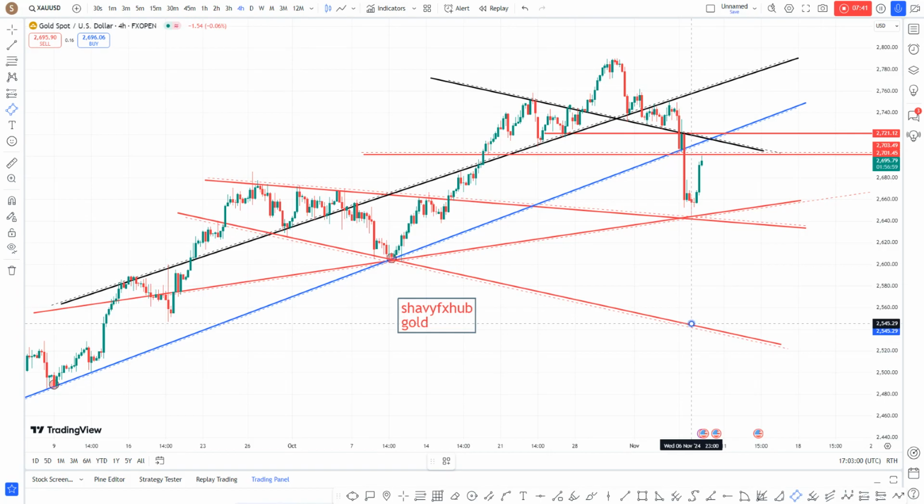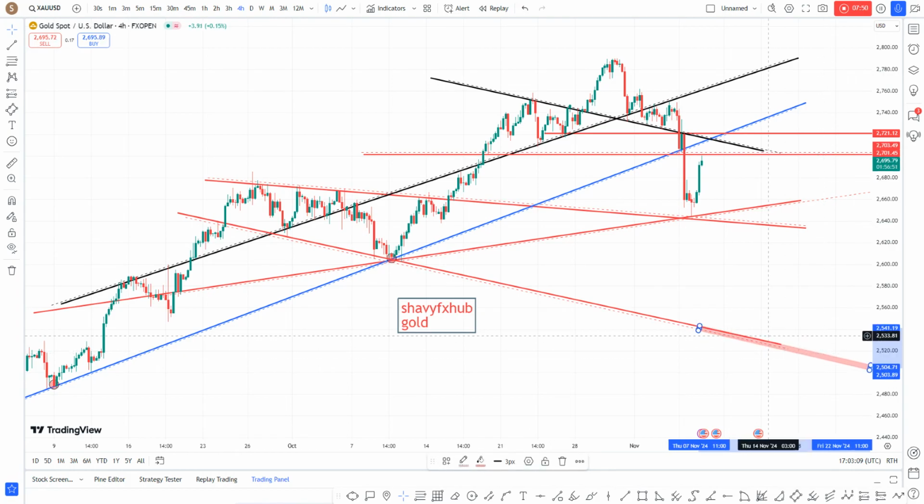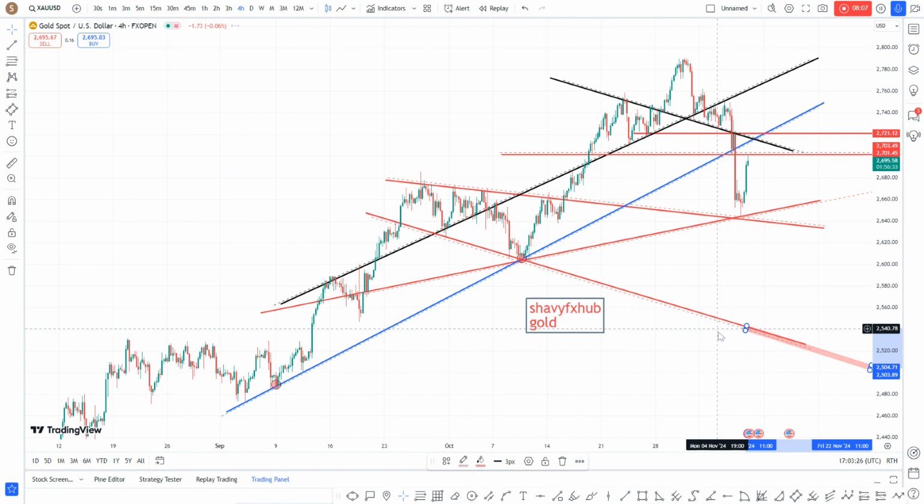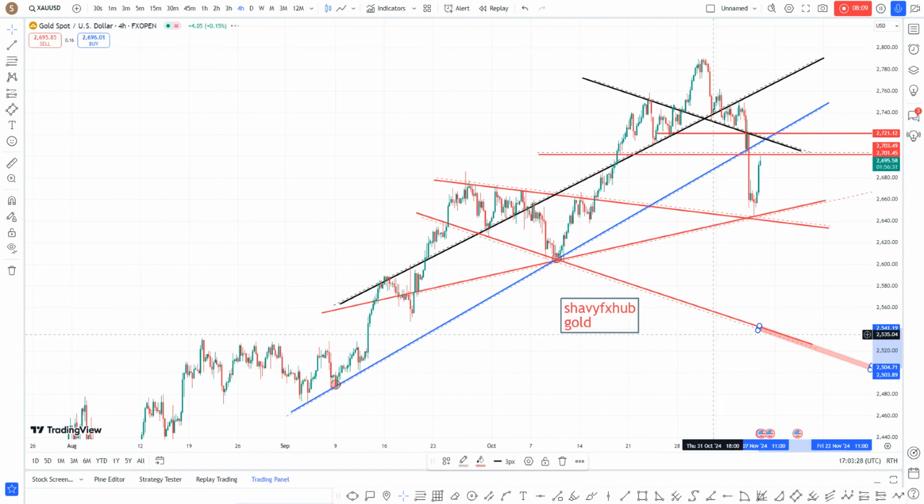Gold is extremely volatile, especially in a time of geopolitical tension and political instability. So its safe haven status remains intact. I think at this level buyers may want to extend selling up to this level. So if we have another drop up to this level, around 2,540, then we should look at a buy. This level is a decent buy zone.